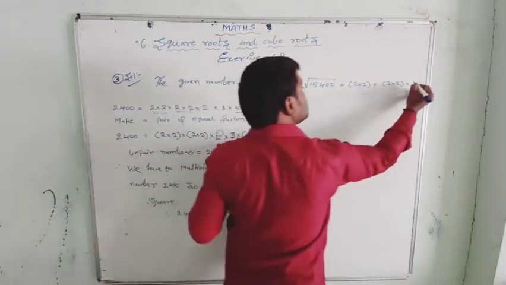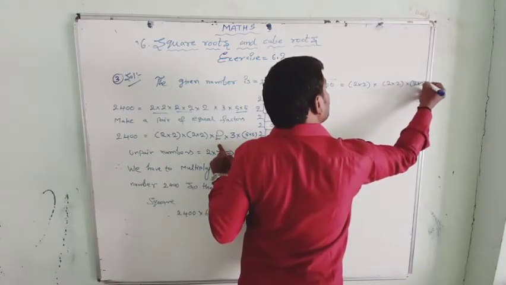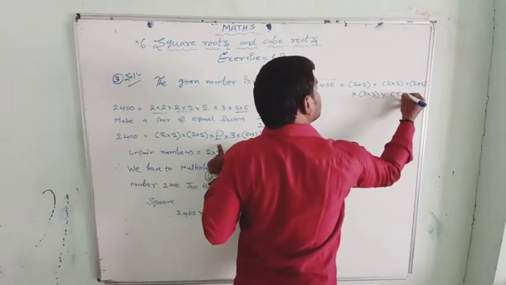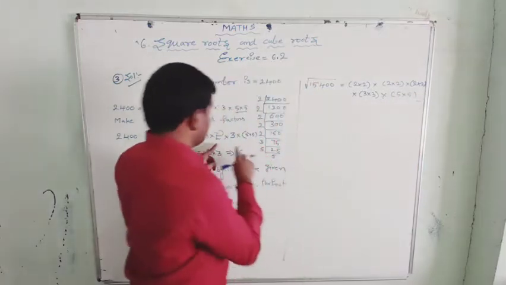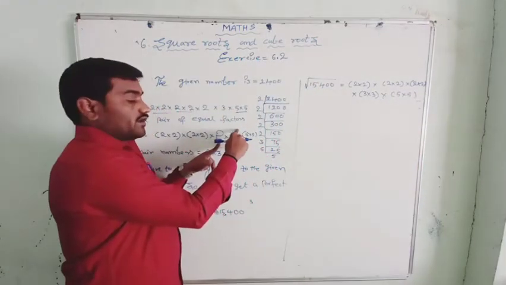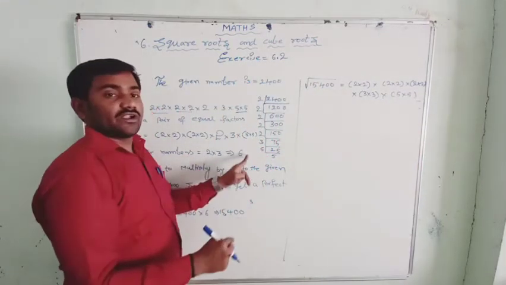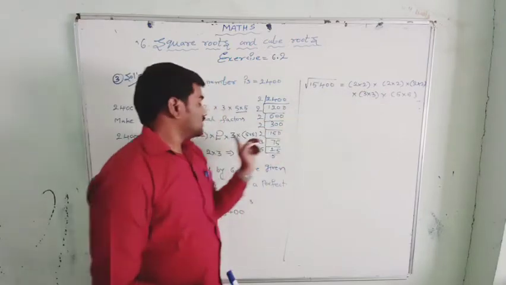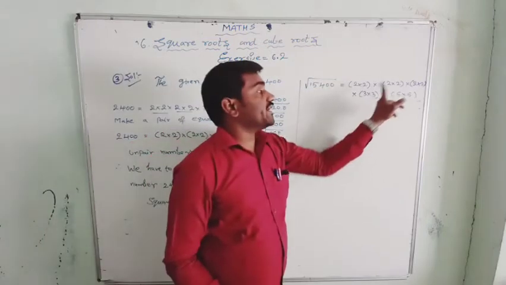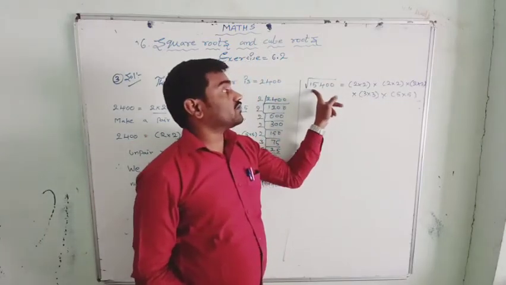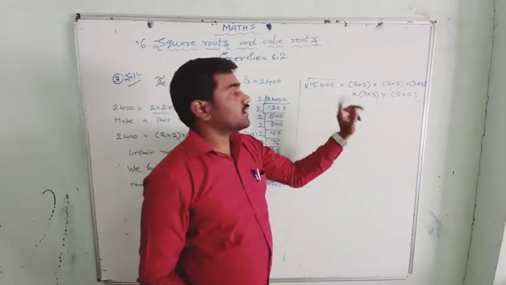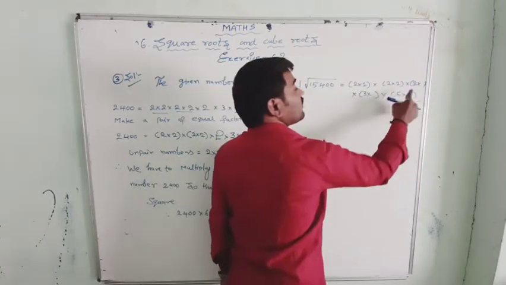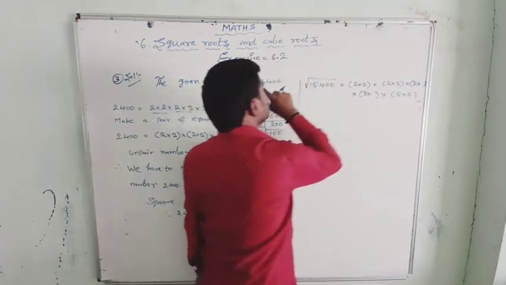Here also 2 into 2 for unpaired numbers, into 3 into 3, and there is a 5 into 5. This 2 and 3 we made a pair, so that we got the result.